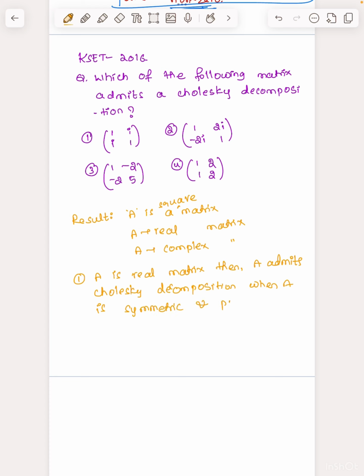Symmetric means A transpose is equal to A, and positive definite means all the leading principal minors are greater than 0. So this is for positive definiteness.